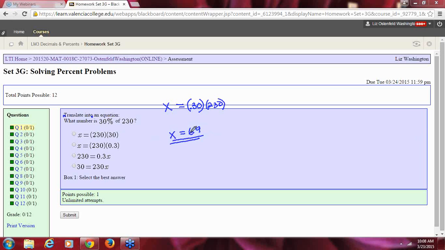But you can see they didn't ask me to solve it. They just wanted me to translate it. So I'm going to look for an equal answer here, and I would pick this one: x equals 230 times 0.3, which is the same thing as 0.30. Now since we did solve it, that just means that 69 is 30% of 230. Okay?